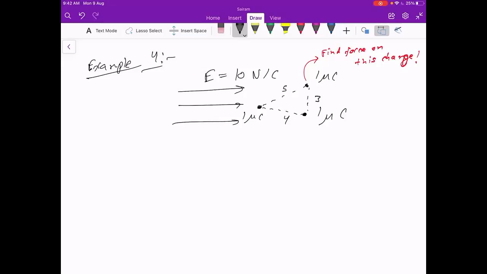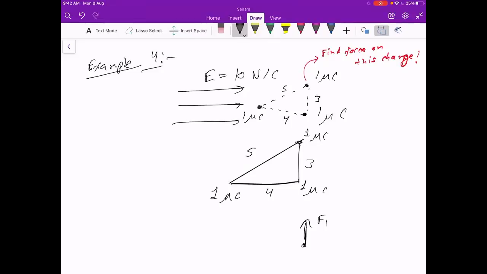So if I draw this triangle again, I didn't get any angle, so I didn't do that. That's the biggest part, right? The best one. So this is 4, 3, and 5. 1 microcoulomb, 1 microcoulomb, 1 microcoulomb. So I know that this one has a force of, let's just call it F1, and a force of F2 on it.